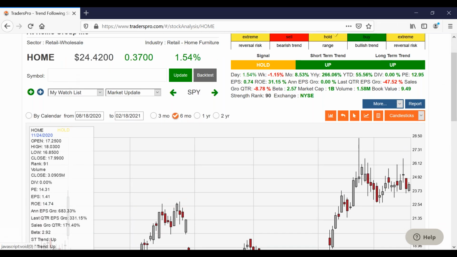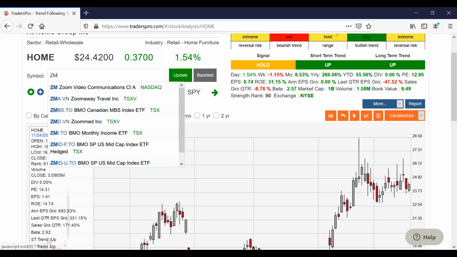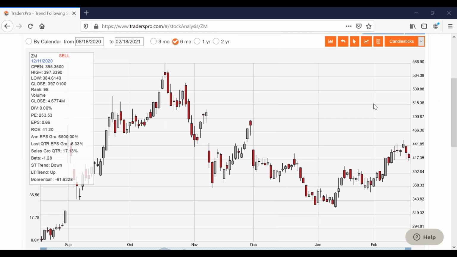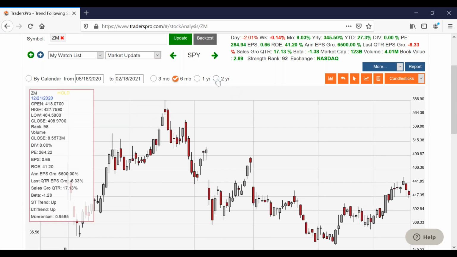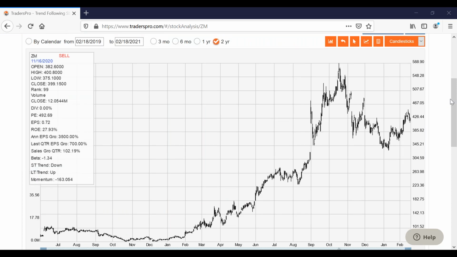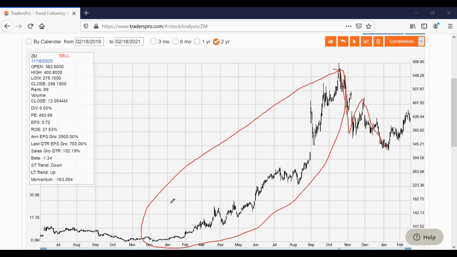Let's pull up Zoom. Go to a 2-year chart. Now, in this case, we have what looks like a larger ABC correction. So a lot of times I'm not even going to mess around with trying to find 5 waves now. I don't need to.